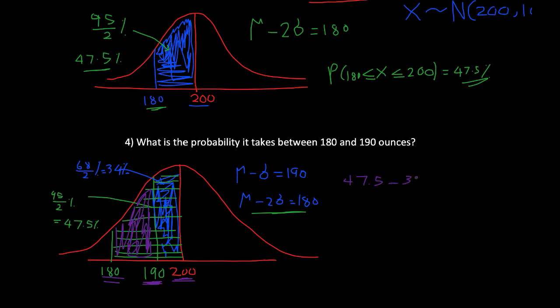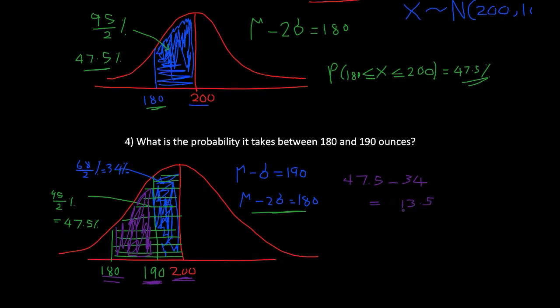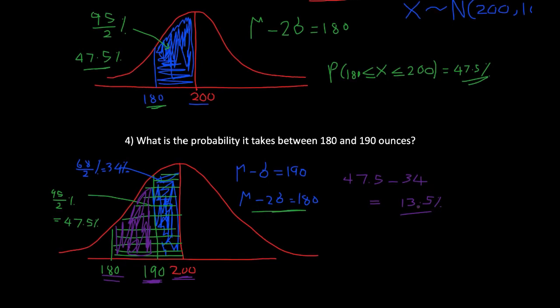Therefore, 47.5 minus 34 equals 13.5. That is the area or probability between 180 and 190 ounces.